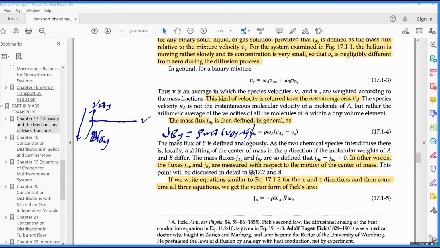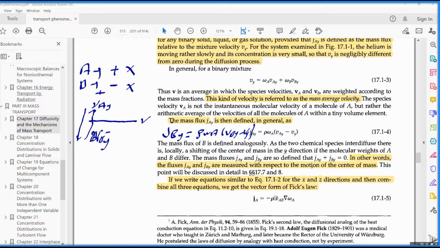These are going to be reverse, and the individual species mass transport rates are going to be the same number but in reverse to each other. If this is plus, then this is minus. Let's say the species A mass transport rate is plus x, then the species B mass transport is minus x.